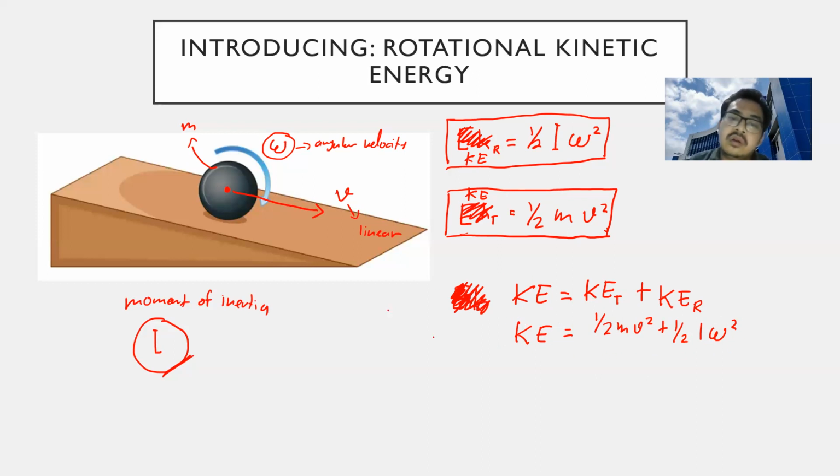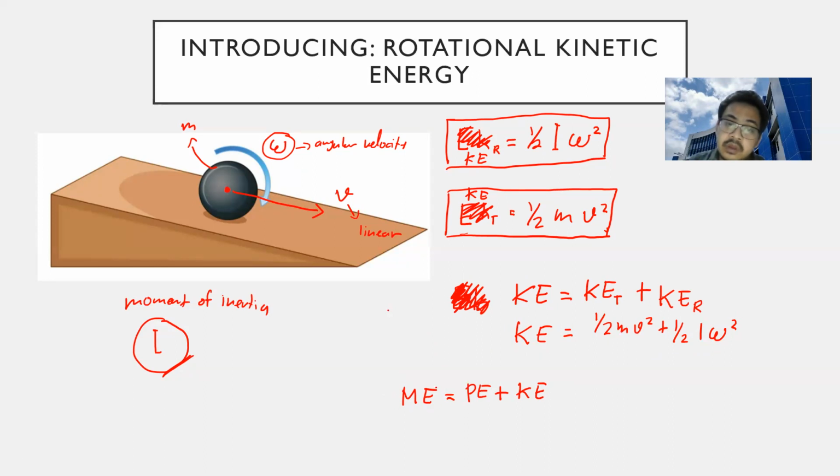But remember, we still have the mechanical energy, or the total mechanical energy of an object here. The mechanical energy is always equal to the potential energy plus kinetic energy. And this value is always conserved. I have told you in class before.